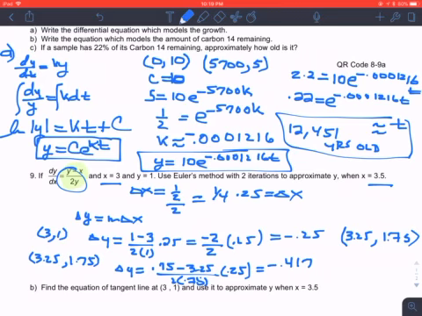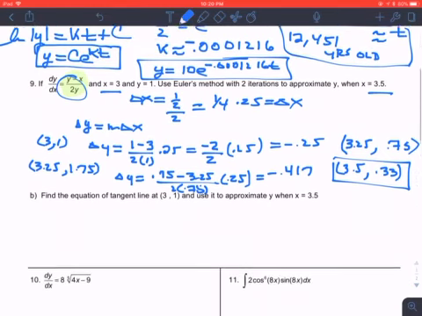So my final point is at x = 3.5. If I add the negative 0.417 to this, I get 0.33. No, I'm sorry, my y value up here was 0.75, so when I get down here, it's going to work out to be 0.33. So my final y value is 0.33 using Euler's method with 2 iterations.